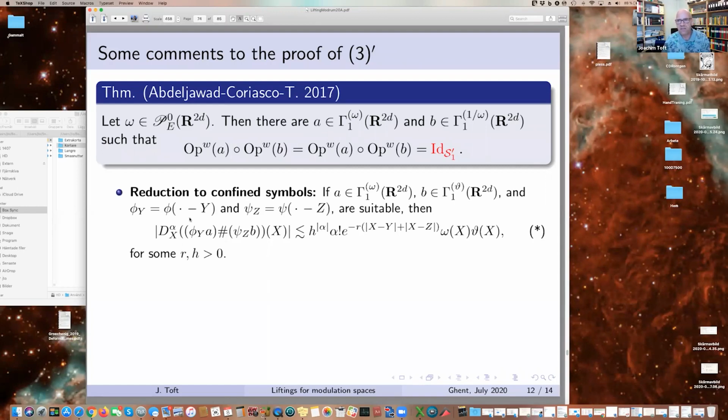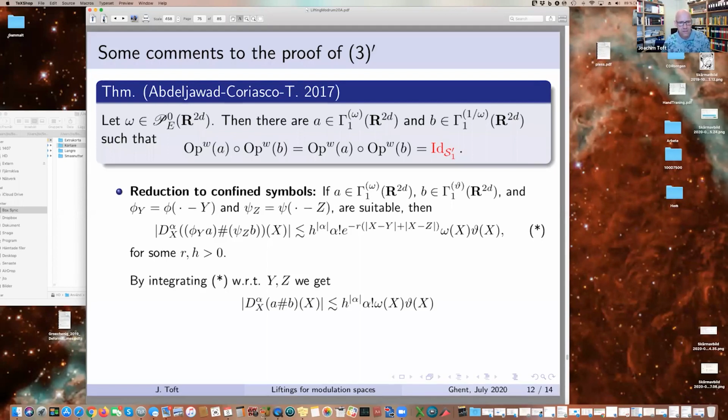It's a constant metric. So this is why we made this reduction to confined symbols. By integrating, we can actually get that this kind of Weyl products, if we have symbols in these two classes, satisfy something like this.